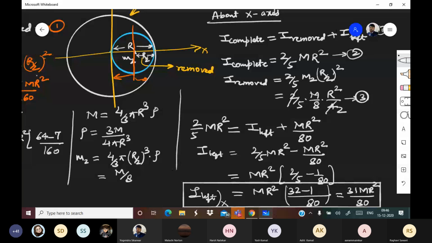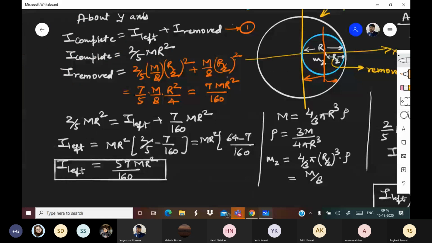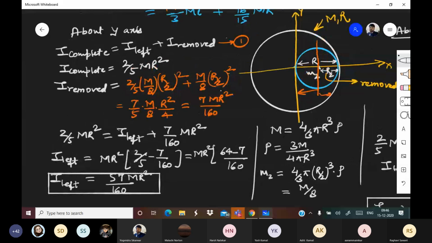Sakshi, give your answer for z-axis. Give your answer for z-axis.